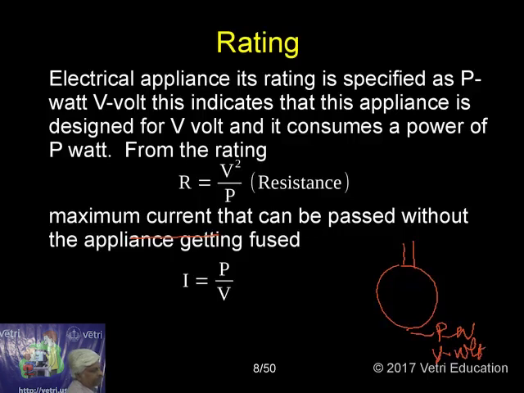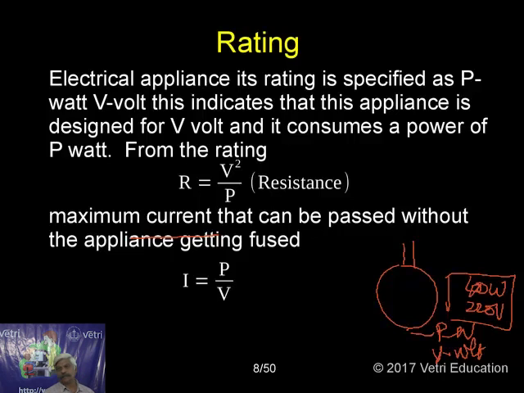For example, a 40 watt bulb, 220 volt. All electrical appliances operate in parallel at a voltage of 220. What voltage are we getting? 220 to 230, around 220. At 220 volt, how much power is consumed by the appliance? The power consumed is 40 watts.